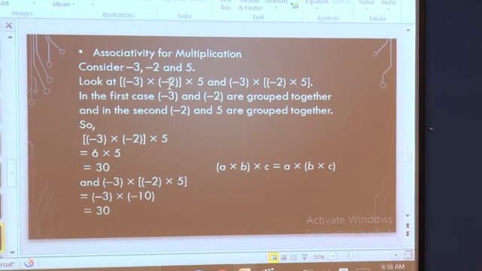The integers grouped are different, but the product will remain the same because it is multiplication. In the first case, -3 and -2 are grouped together. In the second case, we have grouped -2 and 5. The answer of each bracket will be different, yes, but when we do the multiplication, we get the same answer.